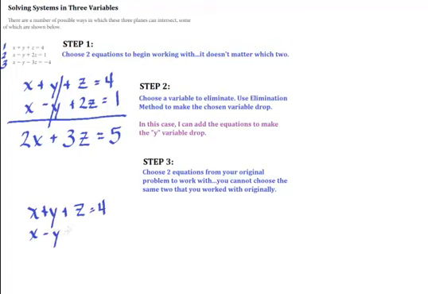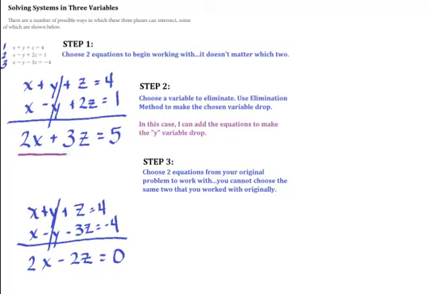These are set up so beautifully because I don't have to multiply or divide both sides by anything in order to use my elimination method. I can just add. So that's 2x minus 2z equals 0. That's really pretty too.